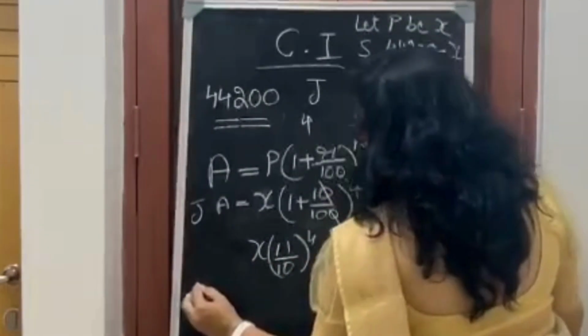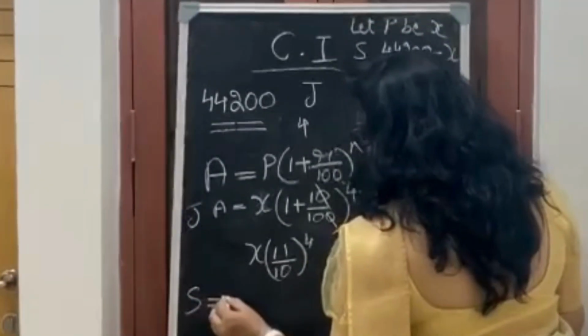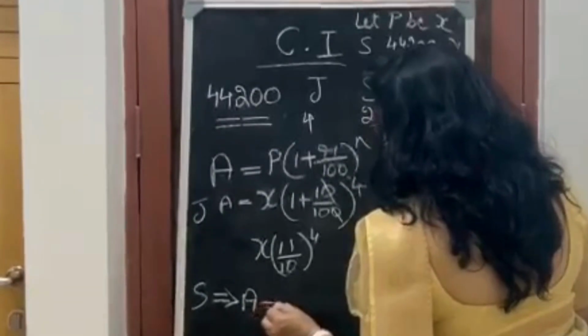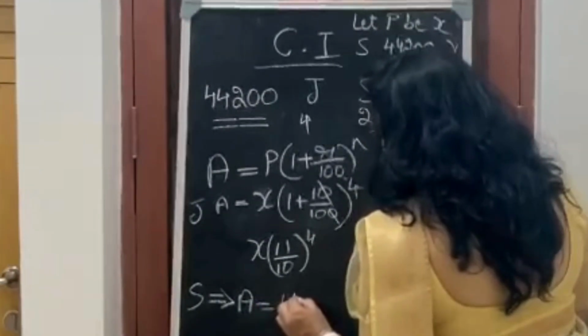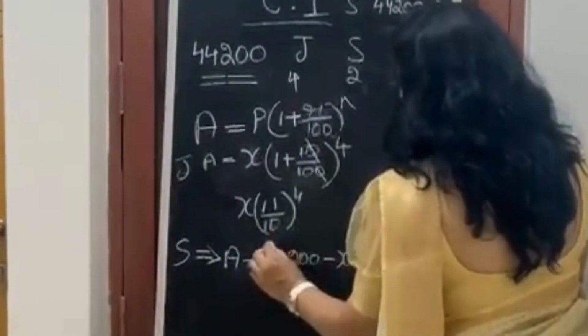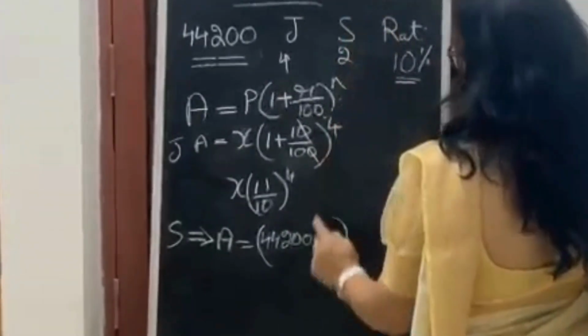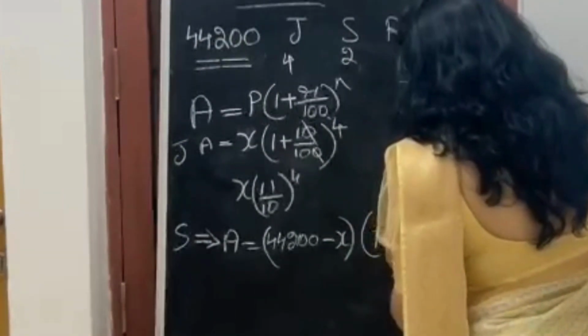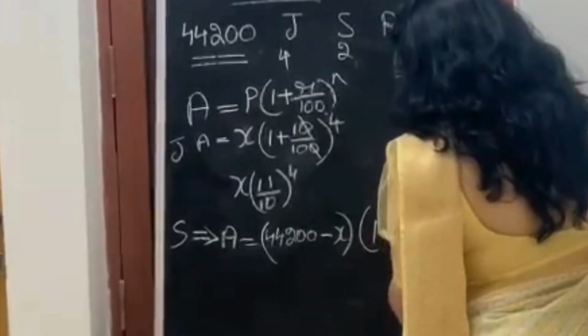Now what is the amount of Smith? Amount of Smith will be 44,200 minus X. What is this? This is P, into 1 plus R by 100, which is 10%, to the power of 2.